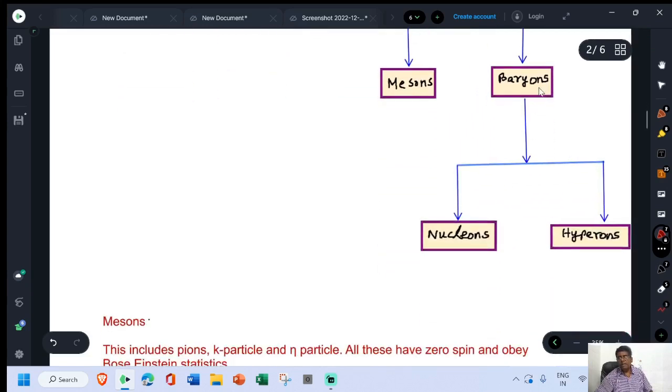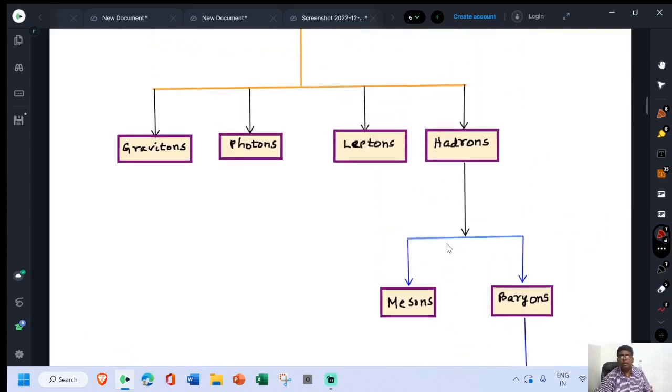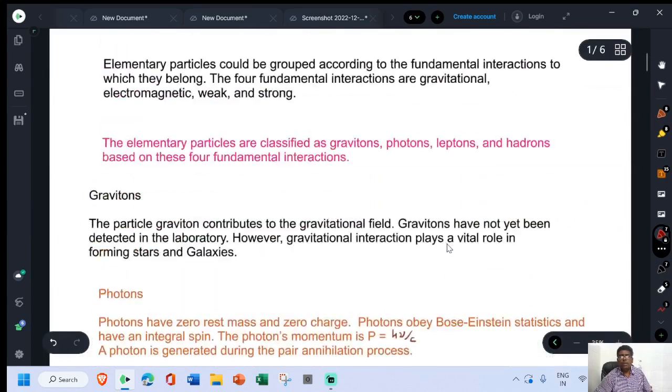Finally, baryons are classified into nucleons and hyperons. We are familiar with the nucleons. Protons and neutrons are called nucleons. Their antiparticles, antiprotons and antineutrons, are also called nucleons. Now we may discuss about them one by one.